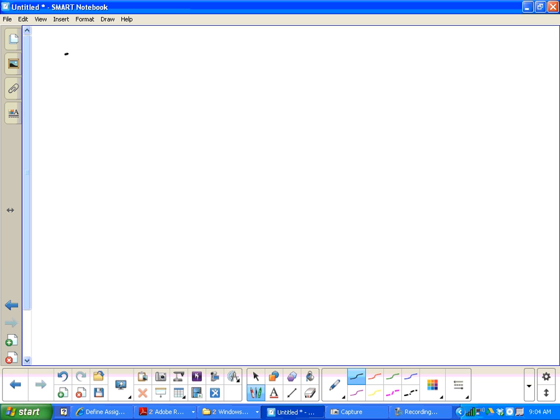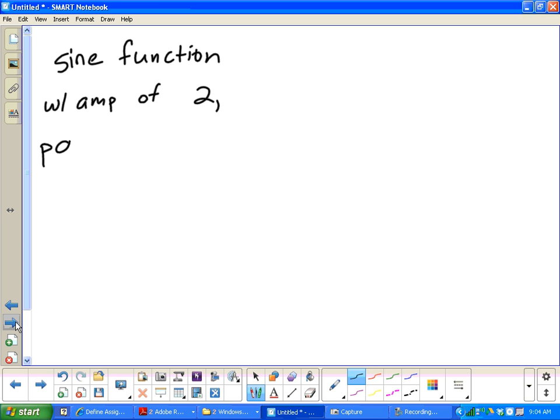Let's say we've got a sine function with amplitude of 2, period 3 pi over 4, and vertical shift is 3.